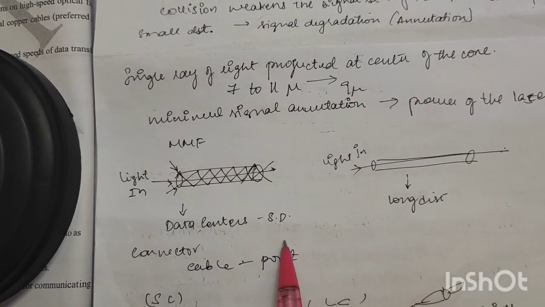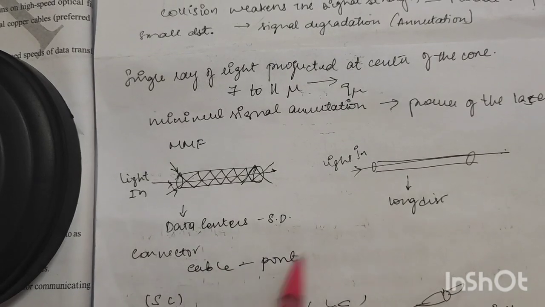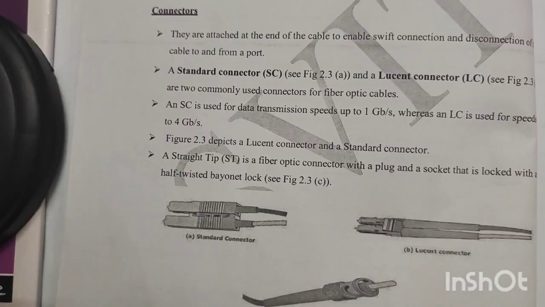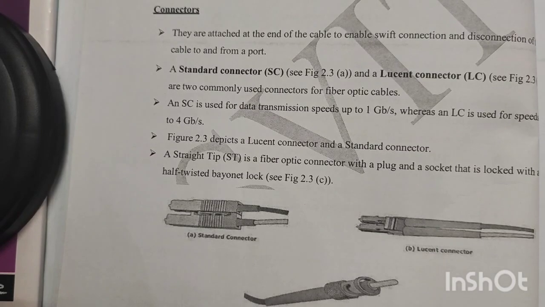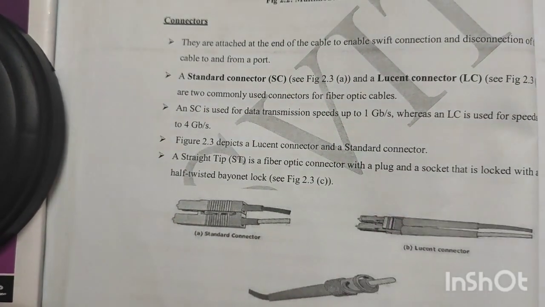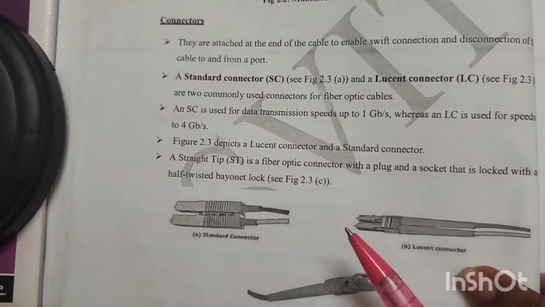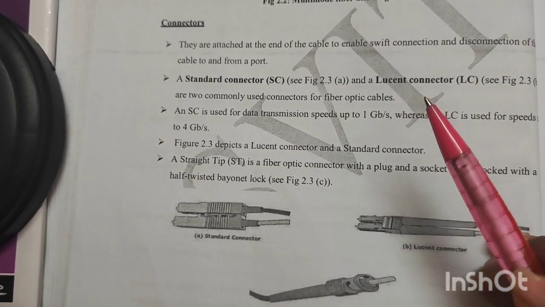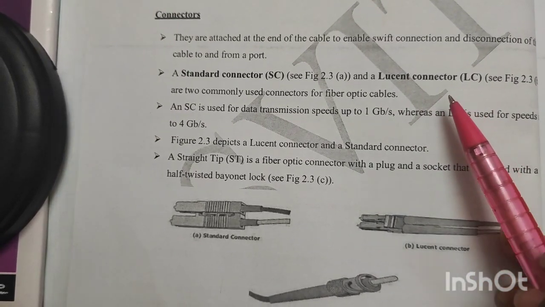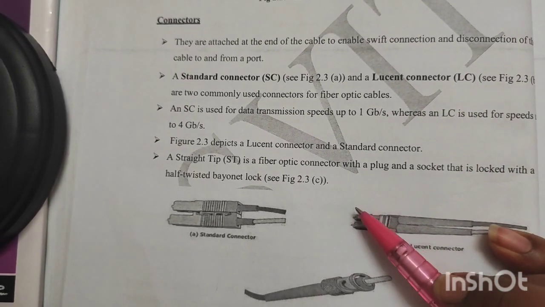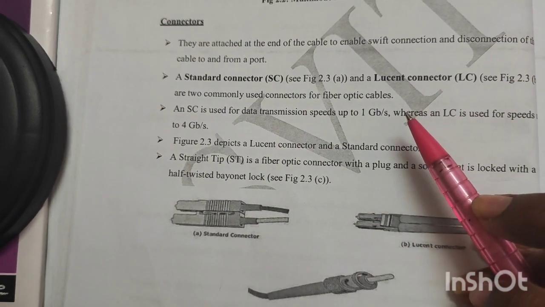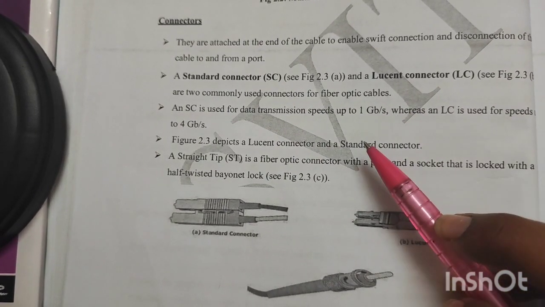So here you have data sensors, and then you have connector cables. This is your ports. Connectors enable connection to the cable. Okay, so you have a standard connector, SC. These are the plugs which you connect to your computers. And then you have a Lucent connector, that is LC. You have smaller pins over here, and these are the two most common optic fiber cable connectors.